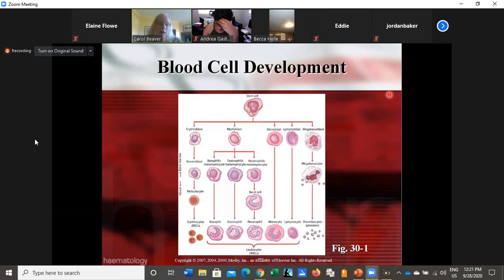So the baby needs to have more red blood cells to carry that oxygen. And when the baby starts to breathe on its own after birth, the body starts breaking down those red blood cells.